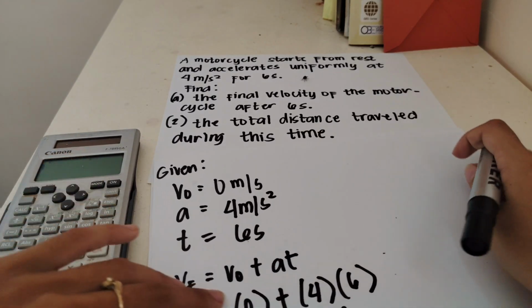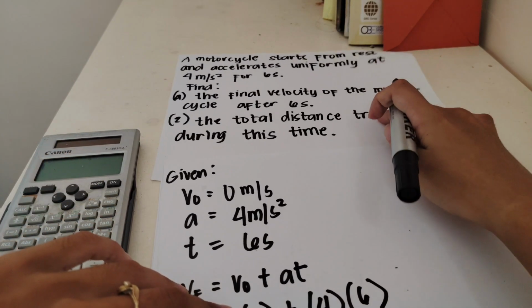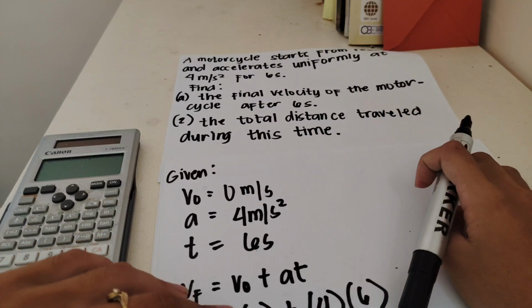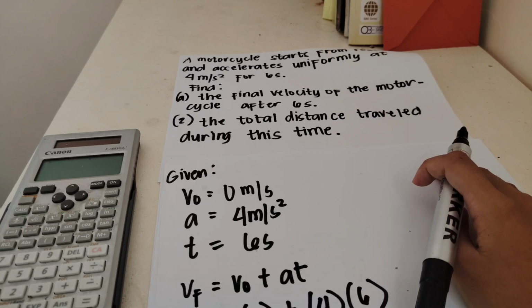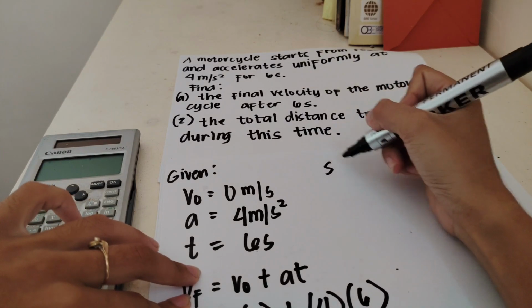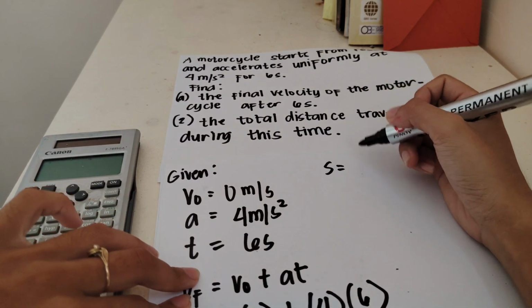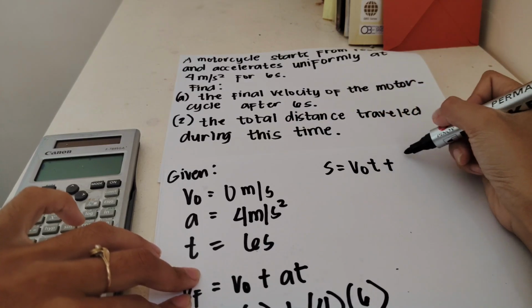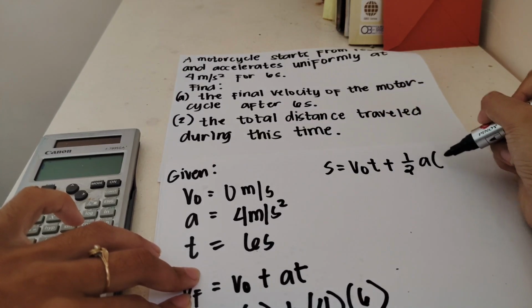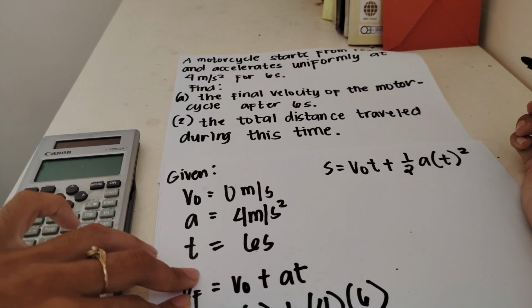And the next, we are tasked to find the total distance traveled during this time. So since it is the distance, we will use the distance is equal to initial velocity times time plus 1/2 acceleration times time squared.